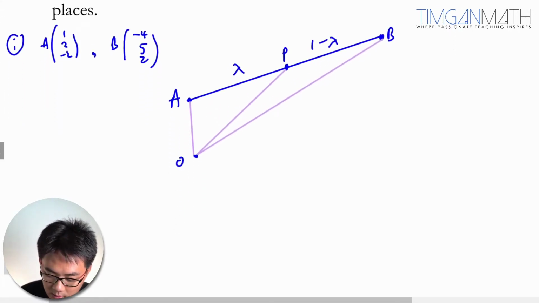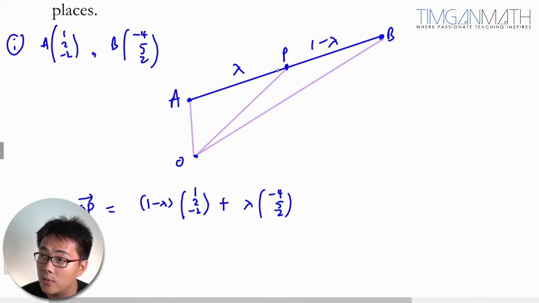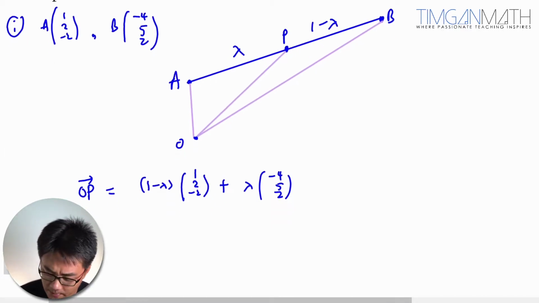So just write OP is equal to, cross multiply, 1 minus lambda OA, which is 1, 2, minus 2. This is the ratio theorem, so please make sure you know how to apply it. Divide by the addition of these two ratios, which is 1. You don't really need to add it up. So you could get this as 1 minus lambda, minus 4 lambda.